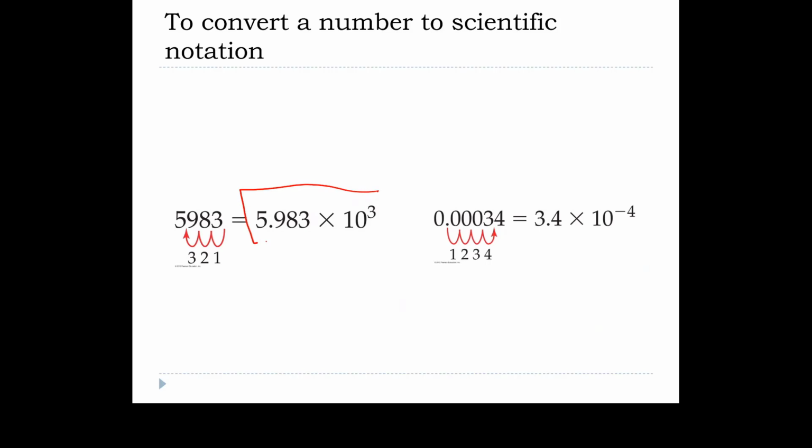So this says if I take the number 5.983 and I multiply it by 10 3 times, I'll get my original number. Over here, this says if I take 3.4 and I divide it by 10 4 times, then I will get my original number. Does that make sense?